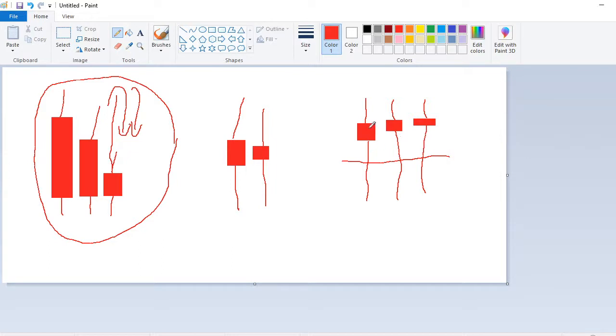So even though it is red, sellers try to push it down, but again buyers pushed it up very strongly. Buyers are pushing it up. They are not allowing the stock to fall.